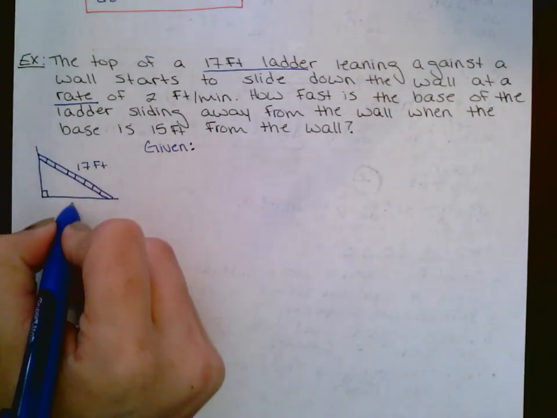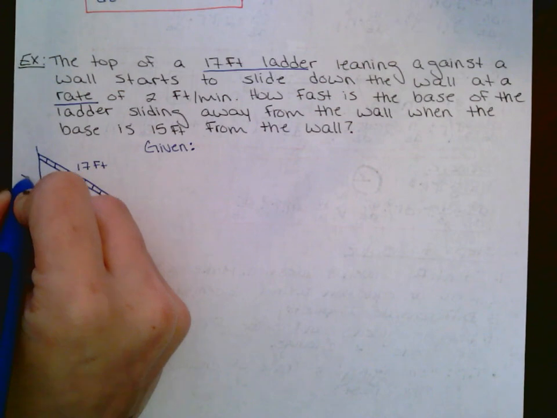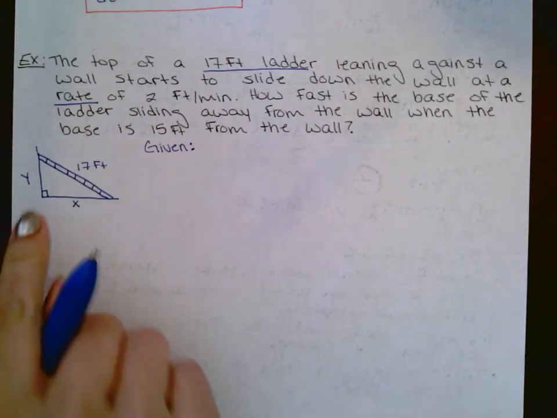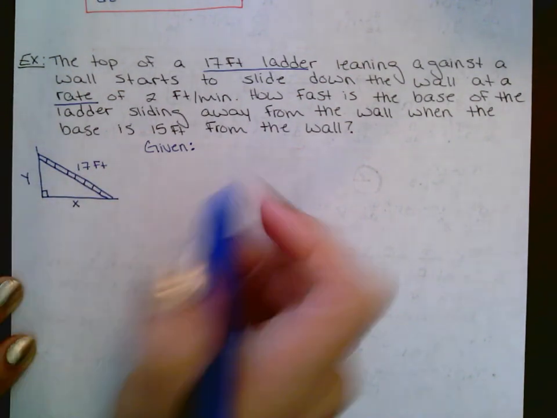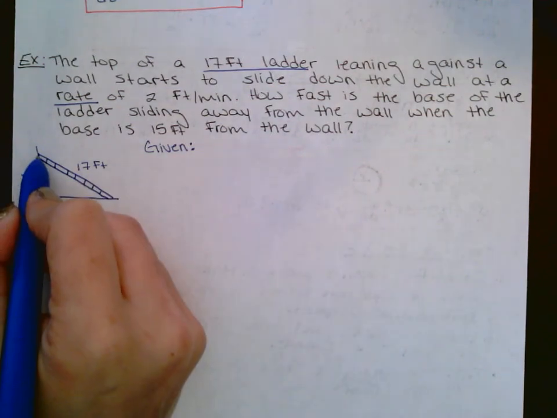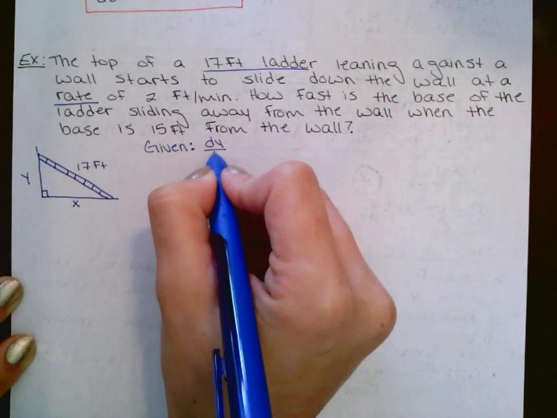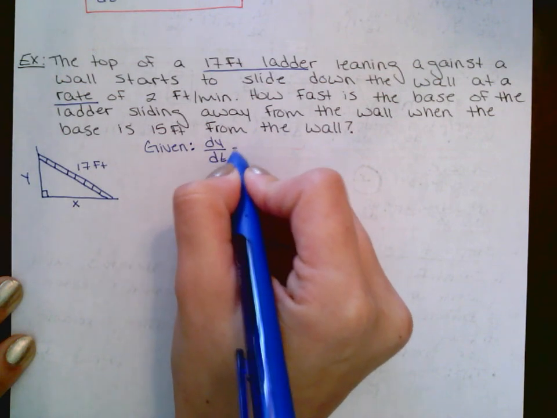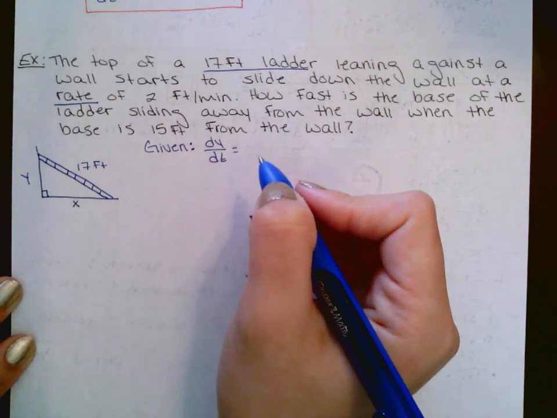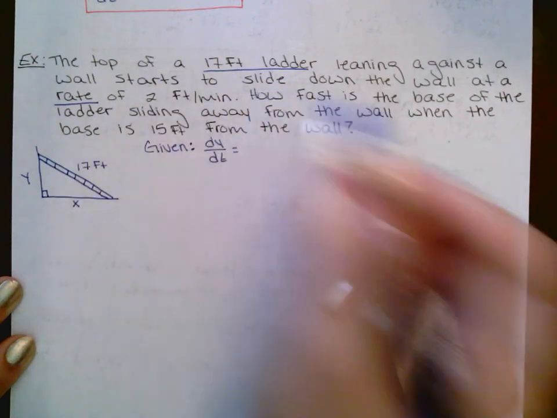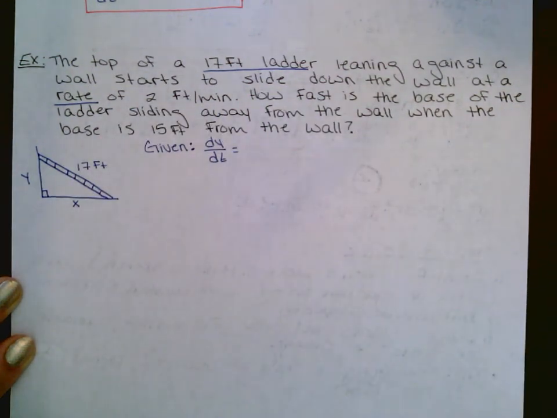So since we're used to graphs, this being x and this being y, we'll say that dy dt, because it's the rate at which the ladder slides downward, of 2 feet per minute. All right. Now, something very important.